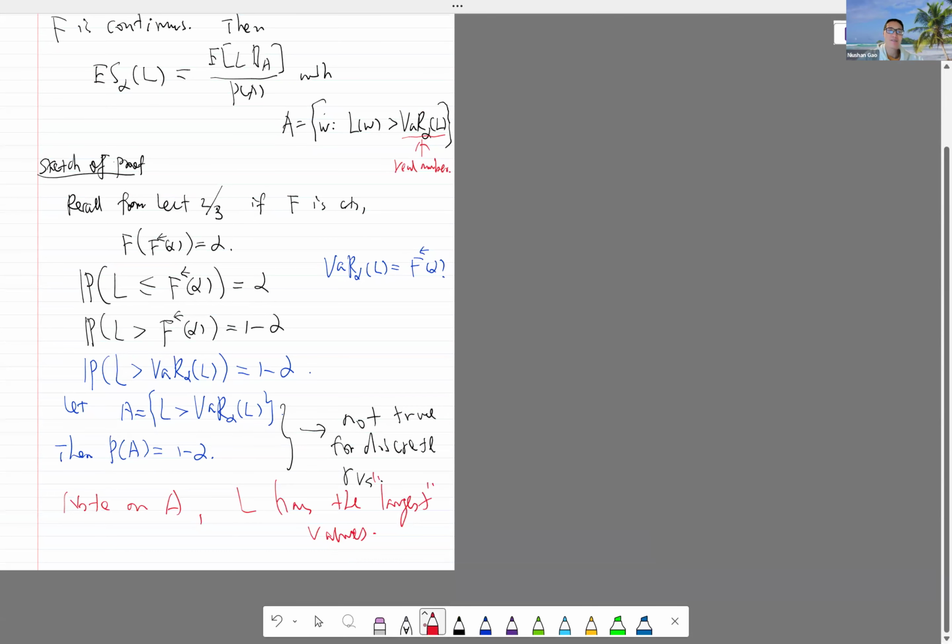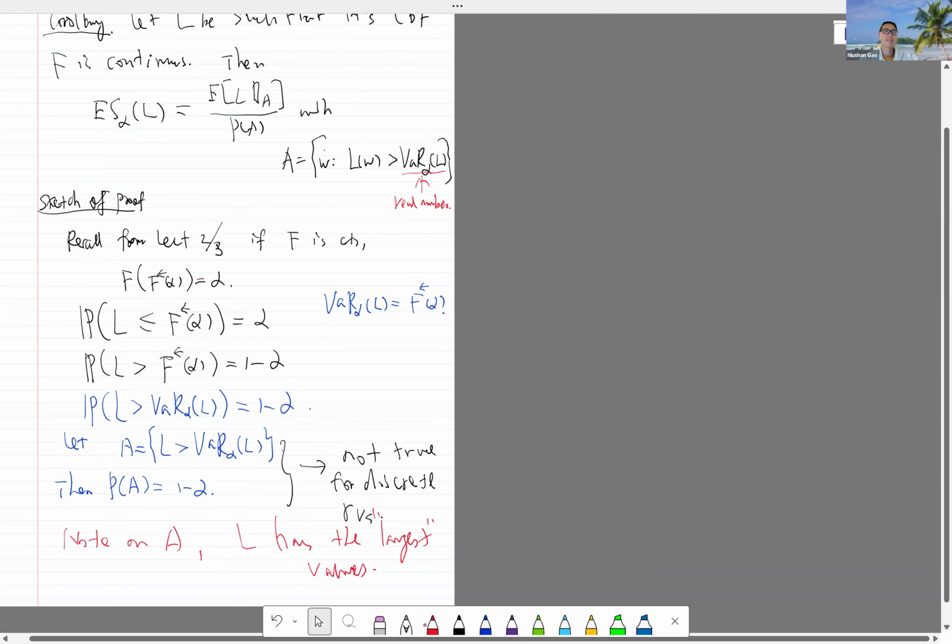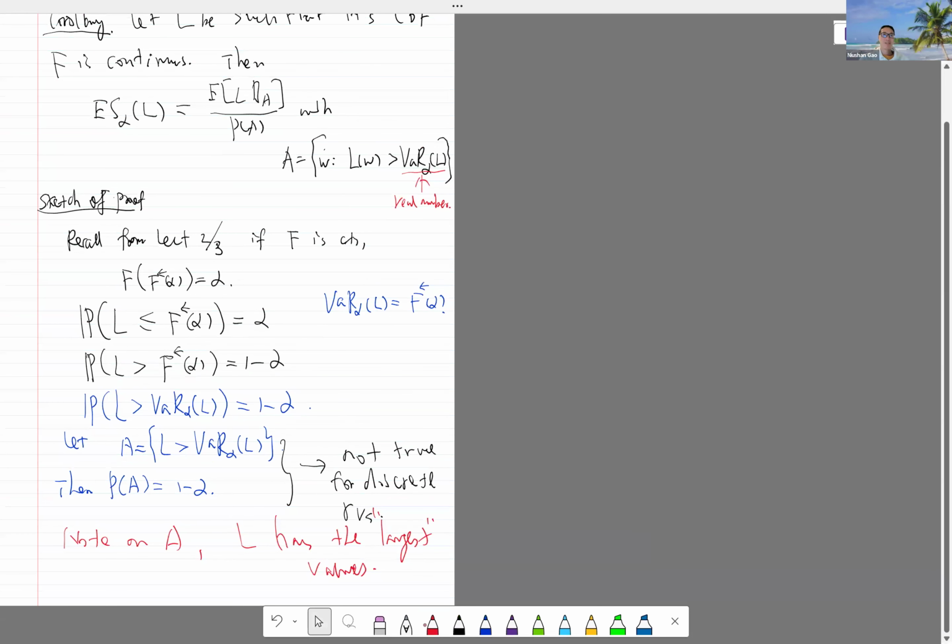Why does L have the largest values? Because A is given by a cutoff. Here is a number, okay? L is above this number. I'm considering all the values where L is above this cutoff. That gives you A. So on the set A, L takes all the values above the value at risk.